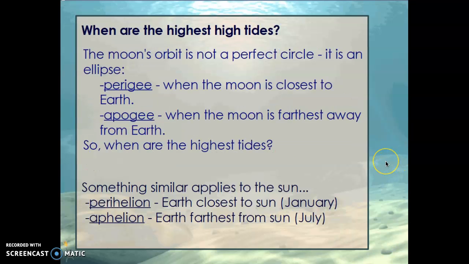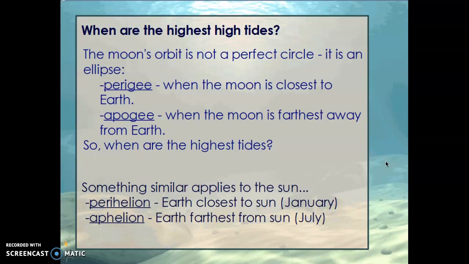Okay, now the highest tides, of course, would be when the sun and the moon are also closer to the earth. So you do remember that the moon's orbit around the earth is elliptical, right? It's not a perfect circle, it's more of an ellipse, like an oval.